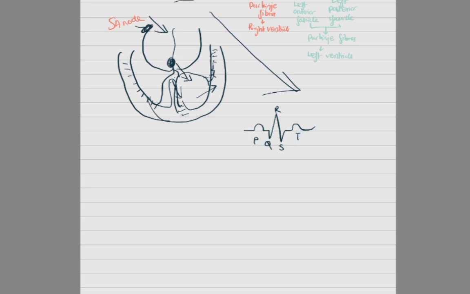These are based on the vectors, of which P suggests the atrial depolarization. Q is the septal depolarization. R is the free wall depolarization of the ventricle.